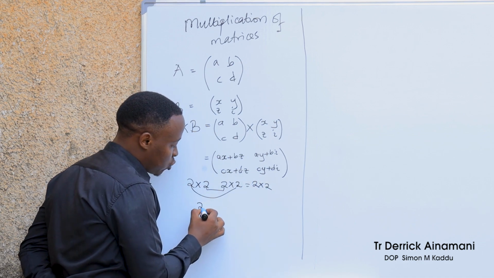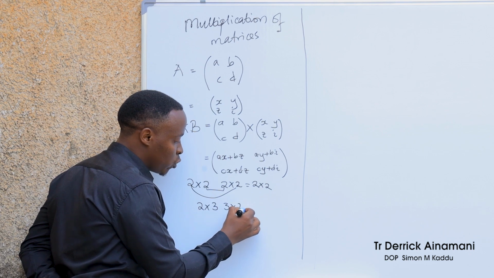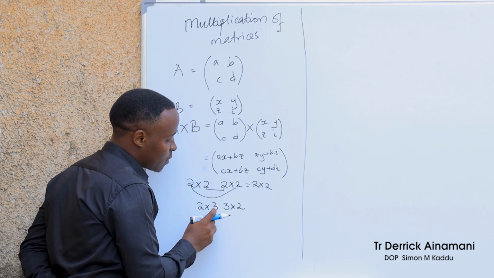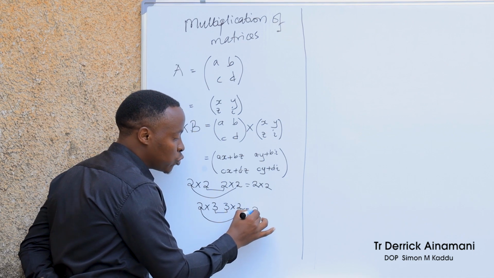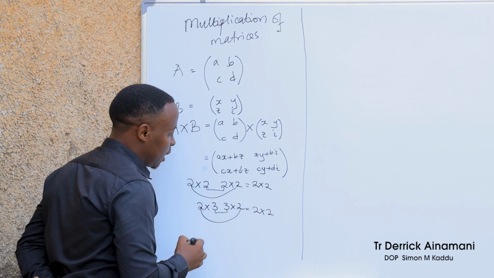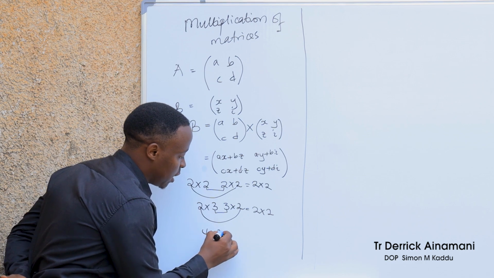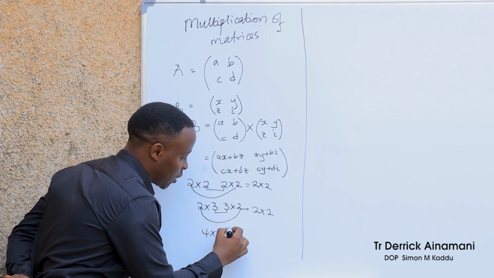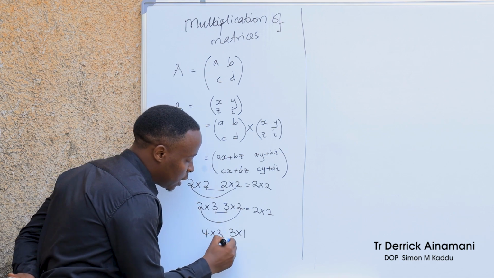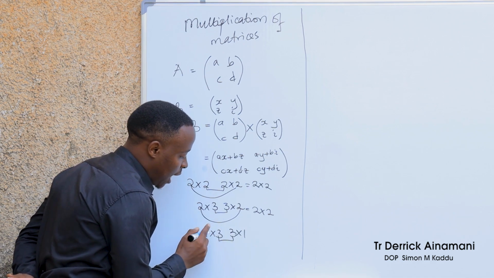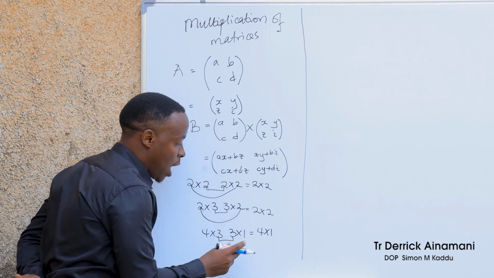If I'm multiplying a 2 by 3 by a 3 by 2, since these ones are together, my answer would be a 2 by 2 matrix. In case I'm given a matrix which is a 4 by 3 and I'm crossing it with a 3 by 1, because this is 3 and this is 3, this implies compatibility. Then our answer would be a 4 by 1.